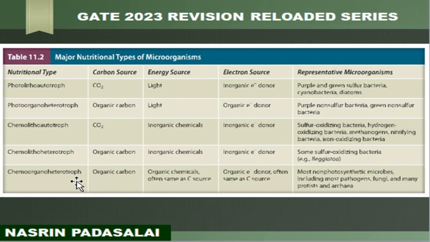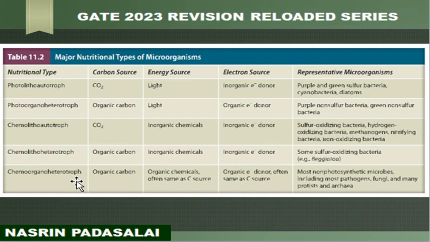Next, regarding the electron donor: only photoorganoheterotroph and chemoorganoheterotroph, which contain organo, use an organic electron donor. For the other three, the electron source is an inorganic electron donor.